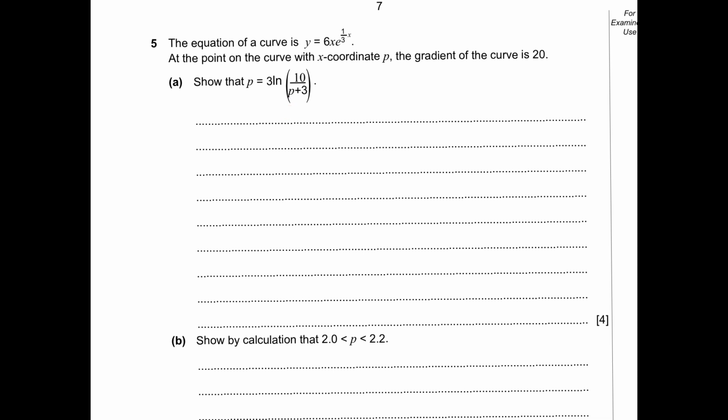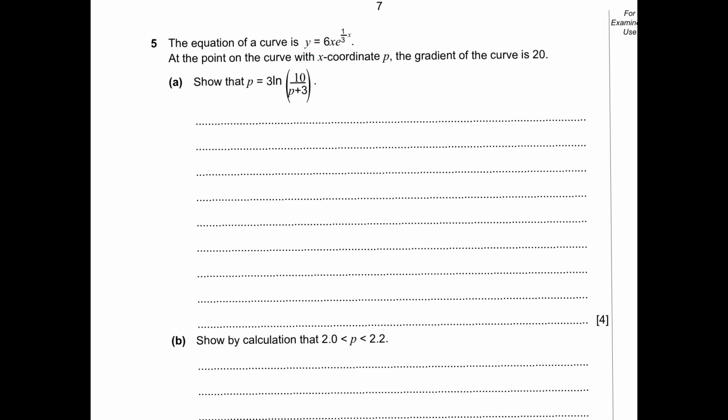All right. So what we basically need to do there, since we're talking about the gradient of this function, we need to differentiate this function. Now, when we differentiate that function, we then set the derivative to be 20, because the gradient is given as 20 when the x-coordinate is p. So let's start by differentiating this function.